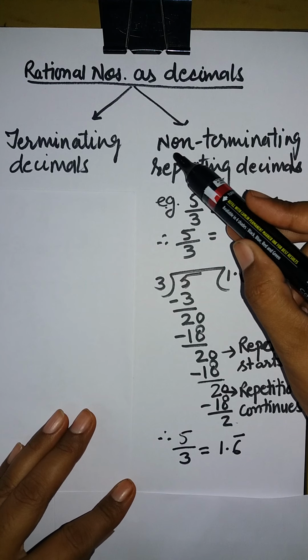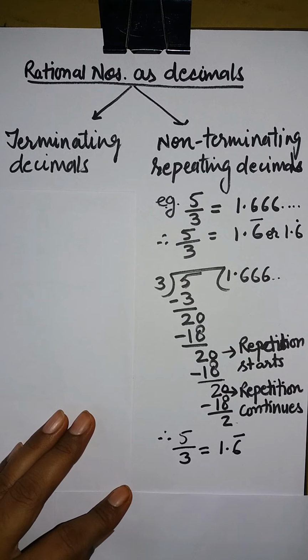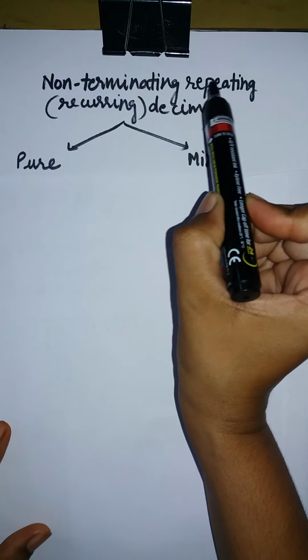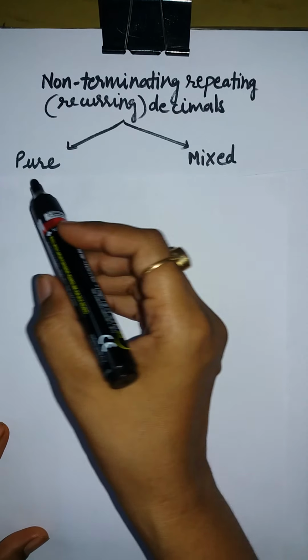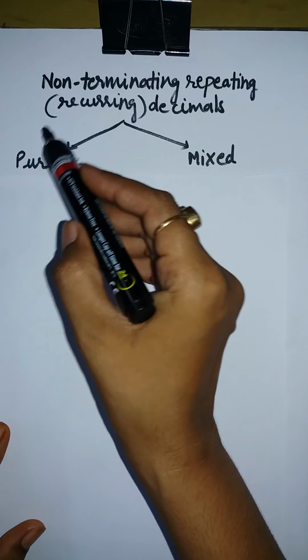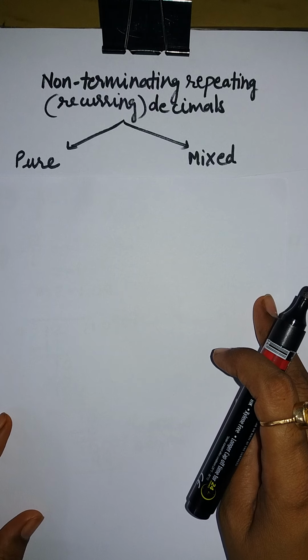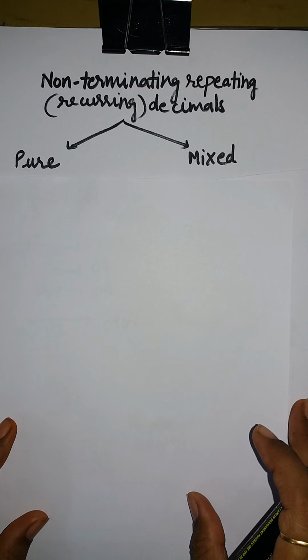So we can say non-terminating repeating decimal representation. Non-terminating repeating or non-terminating recurring decimals can be further divided into two parts, pure and mixed. That means some rational numbers have pure non-terminating repeating decimal representations, and some are mixed.